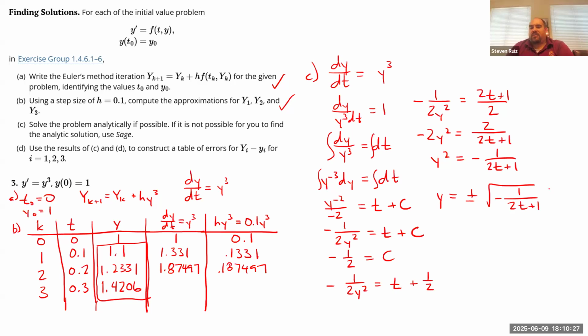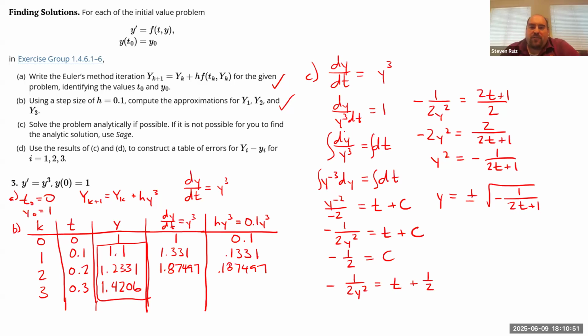But I bet you my initial condition doesn't work with part of that. So if I plug in 0 for t, oh, something went wrong. This is not going to work. If I plug in 0 for t, then I get the square root of negative 1. Okay, so why did that happen?